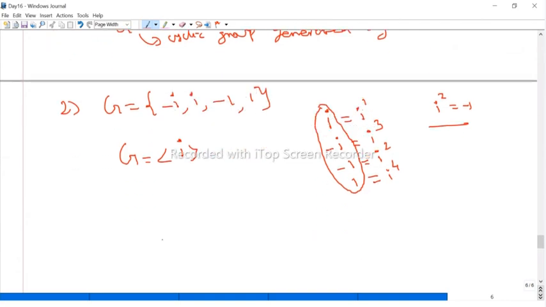Therefore i is a generator. Not only i, we can also write every element of G as a power of -i.